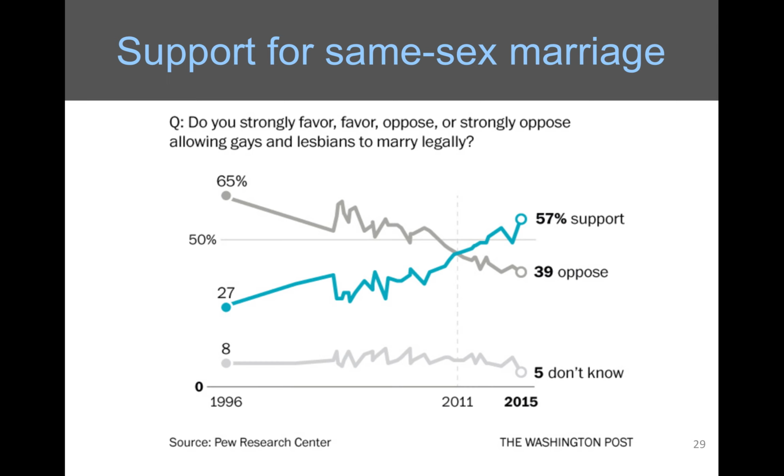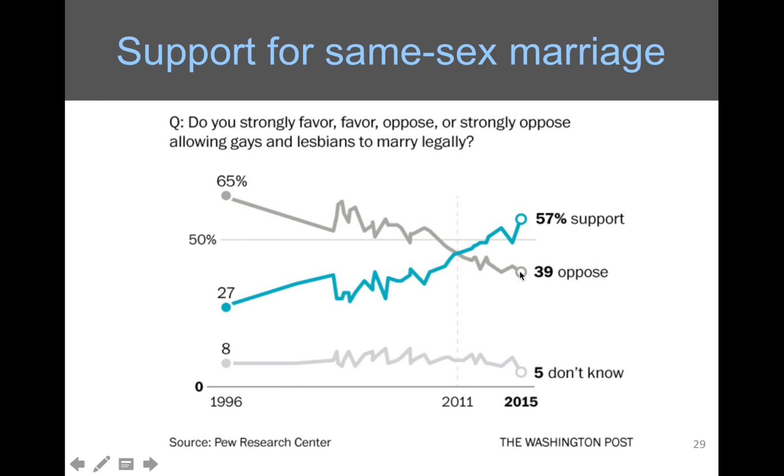I don't know how much this is true, but it has been theorized that support for gay marriage and same-sex marriage really changed in the last 10 years or so because people seem to know somebody who was gay. If you track the support for gay marriage over time, there was a tipping point right around 2011, when there were more people who supported than opposed.